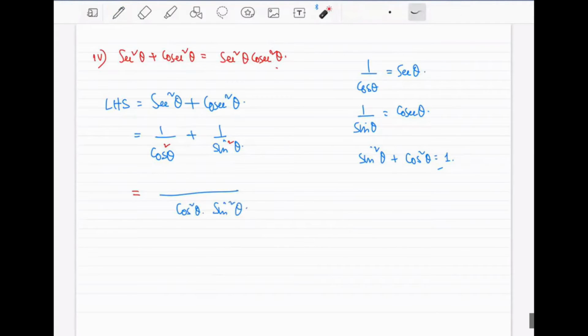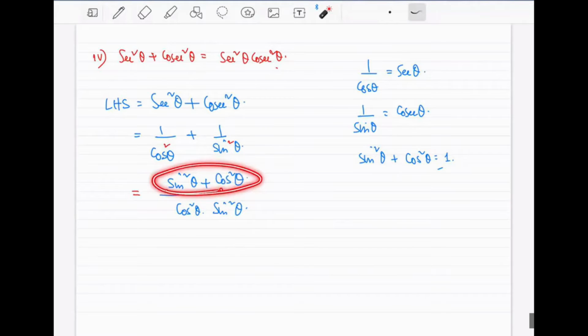You can put a multiplication sign here also, but if you don't, it's still okay because it will still indicate multiplication. Now you cross multiply. Down first, it's sine square theta. Up next, it's cos square theta. Down will be sine square theta plus. What about the up part? It will be cos square theta.